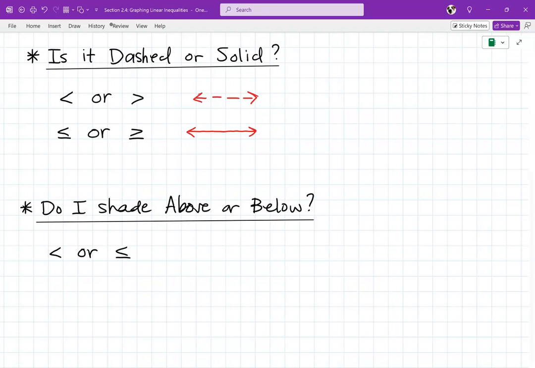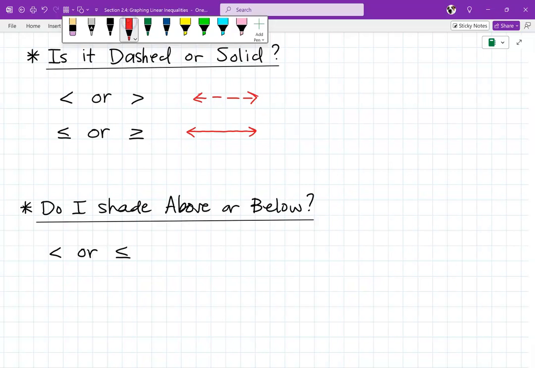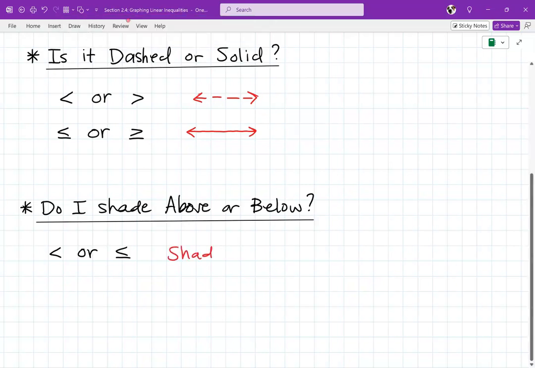It can be less than or equal to or just less than, but less. If you think less of somebody, you look down on them, right? So when I think less than, or less than or equal to, I'm thinking down, below. So you're going to shade below. You're going to color in below.